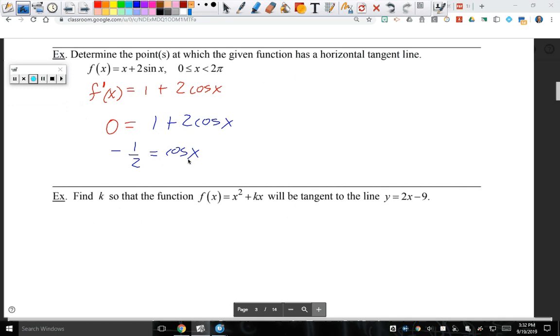Yes, Omar? Why is it equal to 0? Because a horizontal tangent is when the derivative is 0. I love those questions. Why is it 0? Even just reinforcing, why am I doing this? Don't just do it because you did it in Algebra 2.